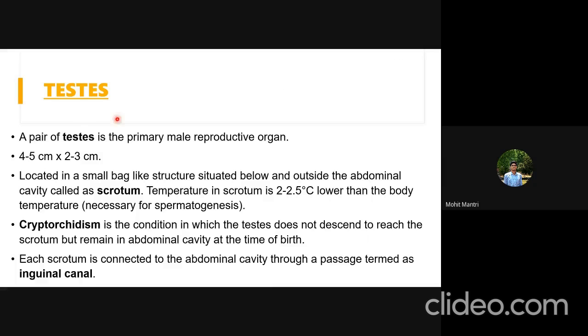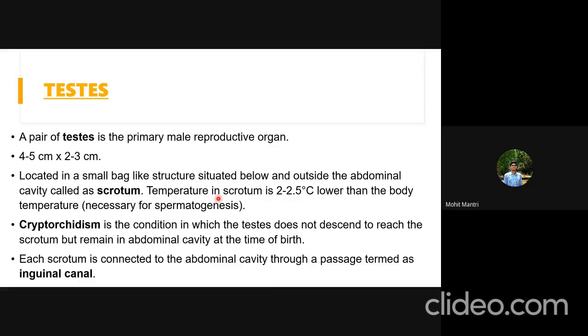So a pair of testes is the primary male reproductive organ, as already said, and each single testis is around 4 to 5 centimeter into 2 to 3 centimeter in size, and it is located in a small bag-like structure which is situated outside and below the abdominal cavity, and this bag or sac-like structure is known as scrotum or scrotal sac.